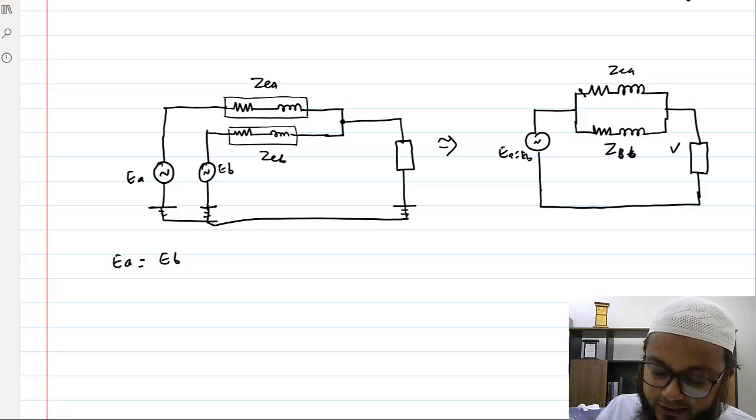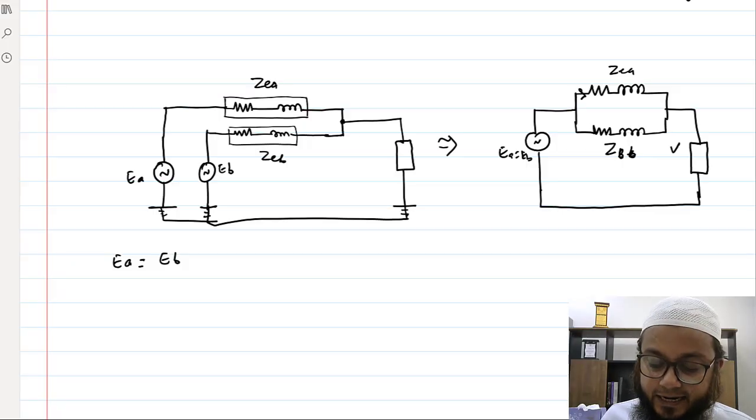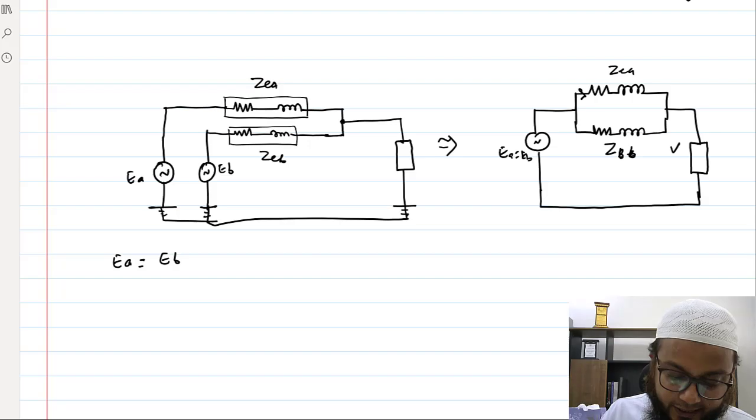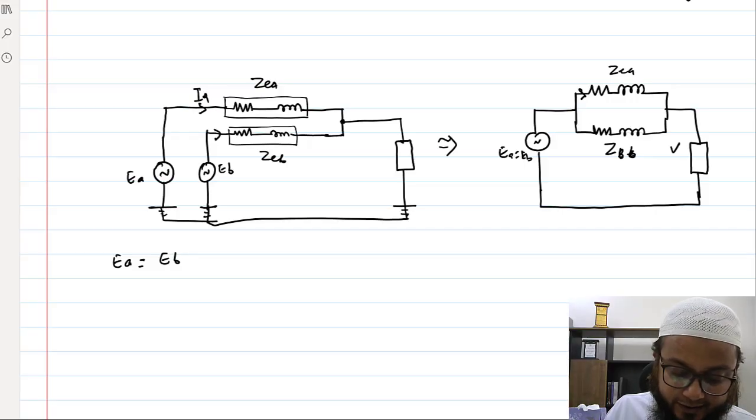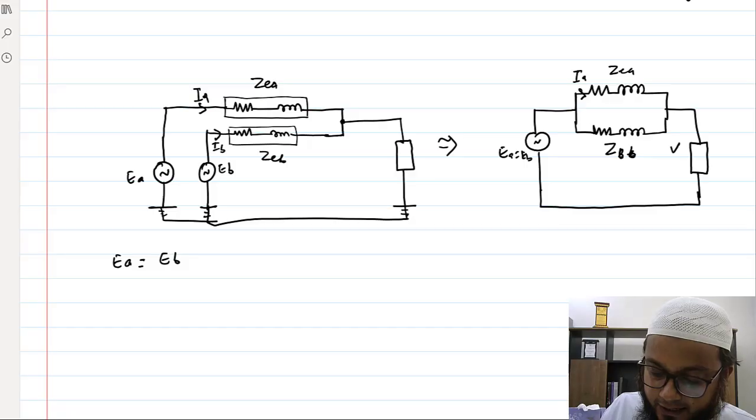So current flowing through the series impedance ZEA of transformer A, let's say that is IA here, and current flowing in the transformer B winding is IB here. So this is IA and this is IB.